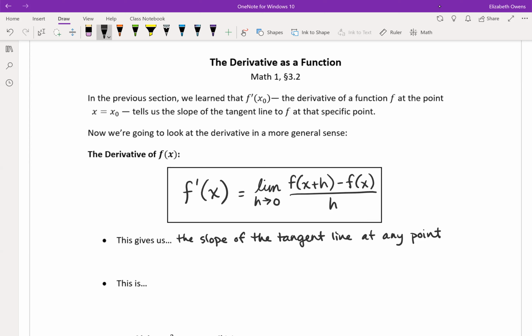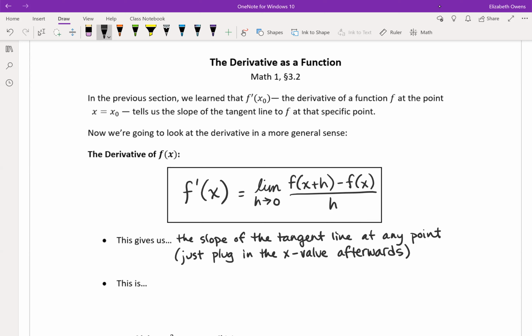So you can do any point there, and you would just plug in the x value that you want afterwards. So you would do the calculation and then you would plug in x instead of the other way around.